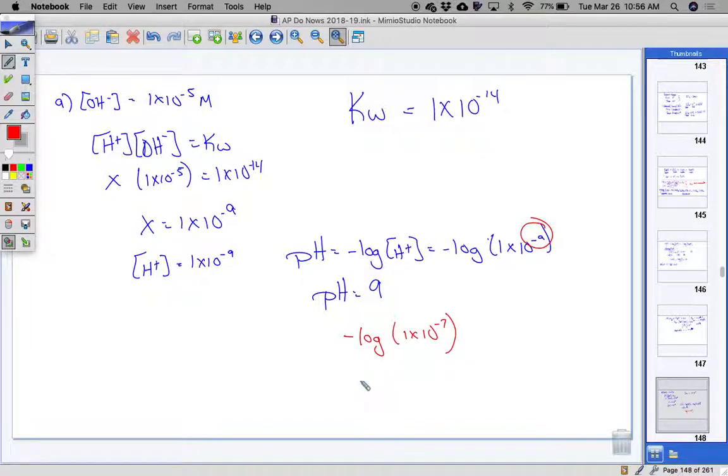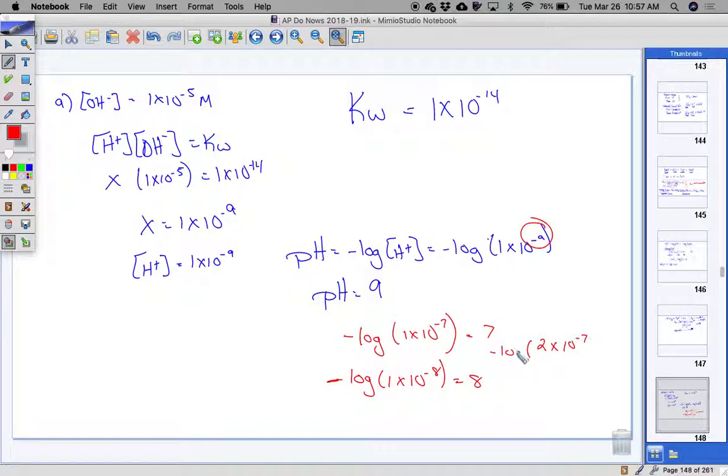Take the negative log of 1 times 10 to the negative 7th. 7. What's the negative log of 1 times 10 to the negative 8? 8. That's not complicated. Okay, so now do 2 times 10 to the negative 7.